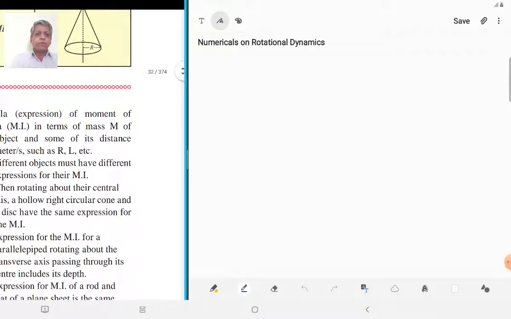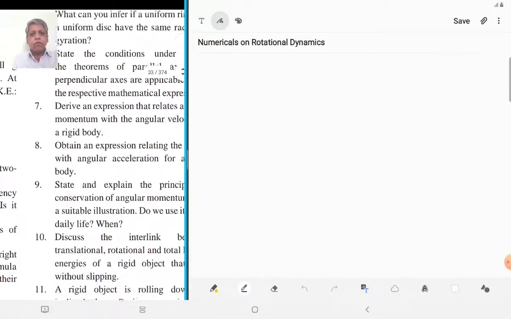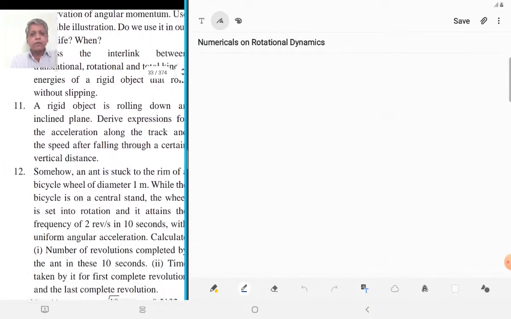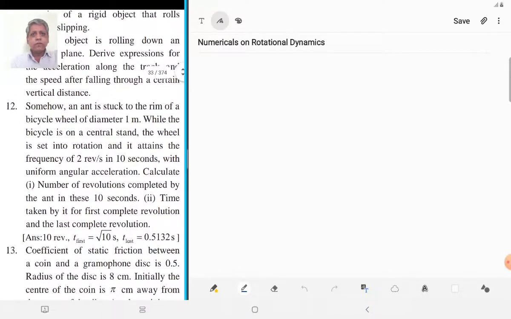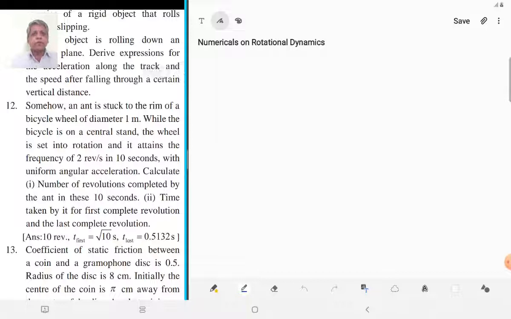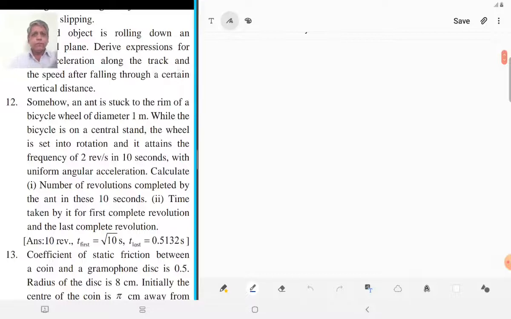Question number 12 is the first numerical of the rotational dynamics. Here I read first. Somehow an ant is stuck to the rim of a bicycle wheel of diameter 1 meter.